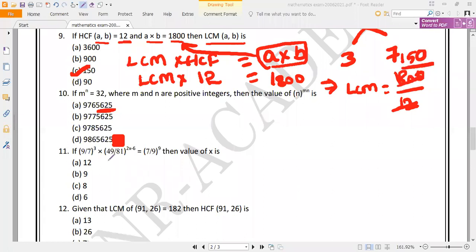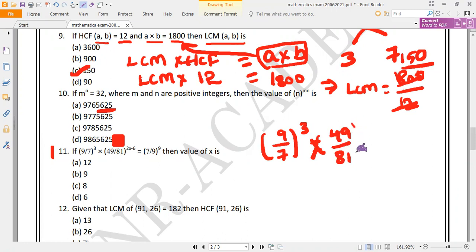Read the 11th question. If (9/7) cube into (49/81) whole power 2x minus 6 is equal to (7/9) power 9, then the value of x is, here you have to find the x value.